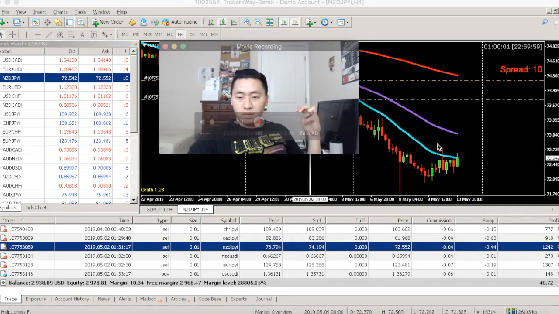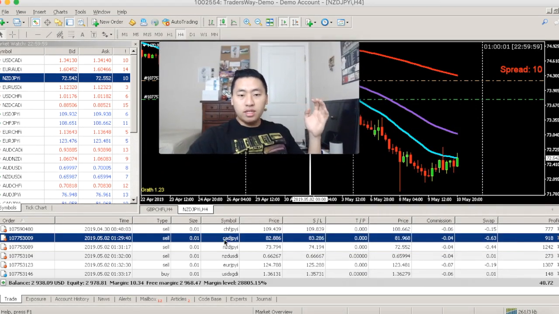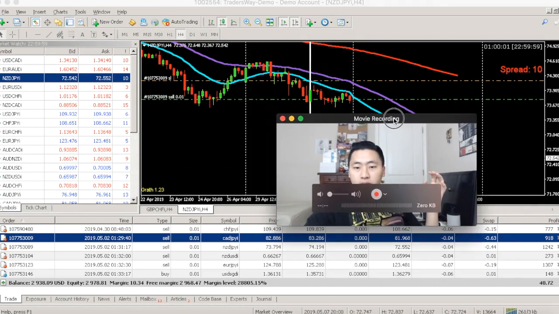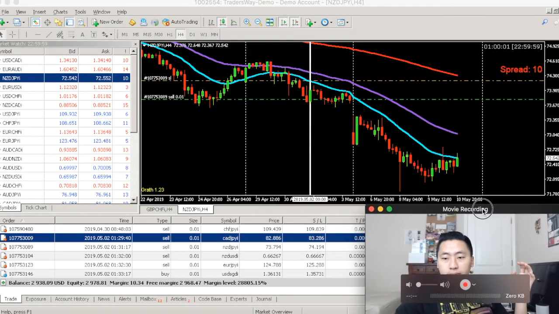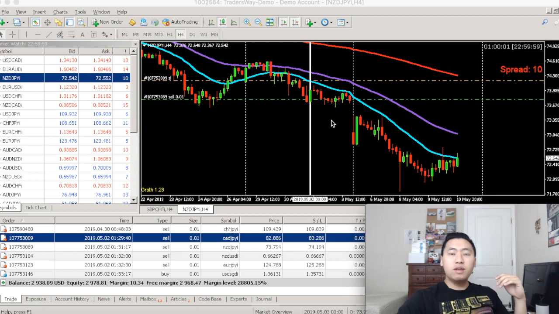That's NZD JPY. And the last one I'm going to review is CAD JPY. Also, a little tip for you guys: every 4 hours, I'll set a timer on my phone. I don't check it at 2 a.m. because I'm already asleep.